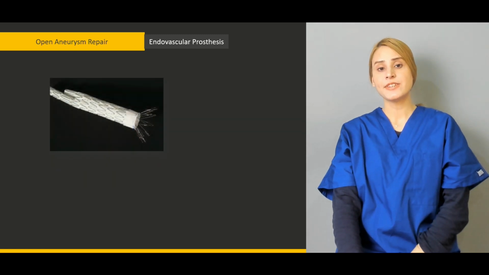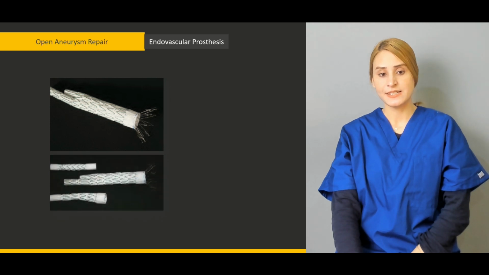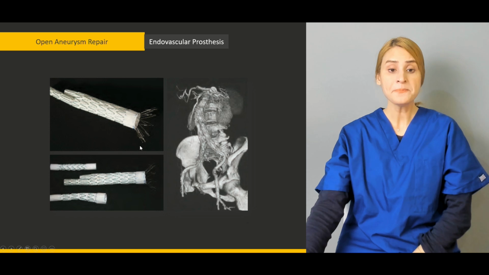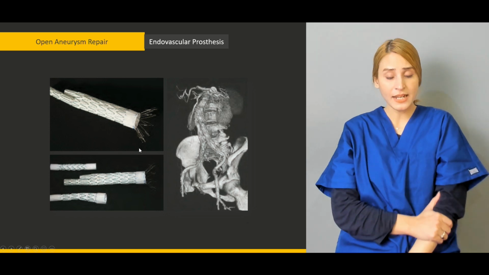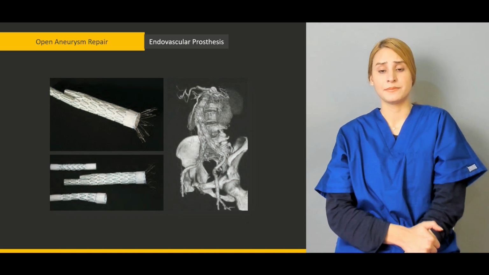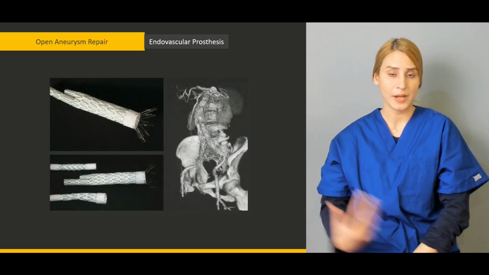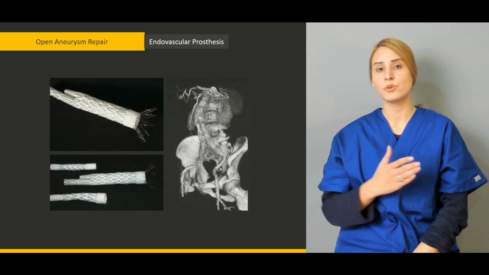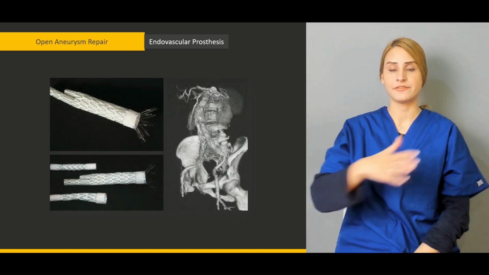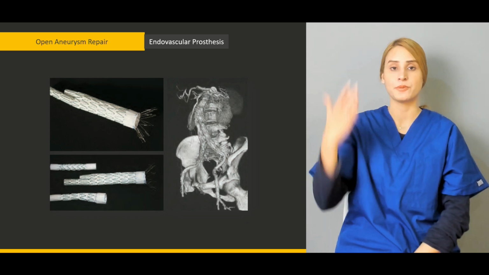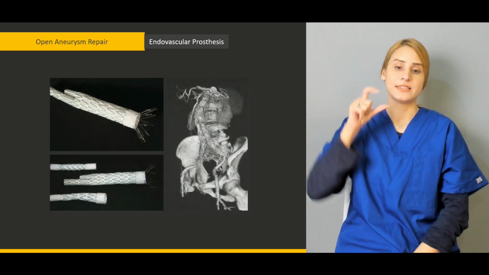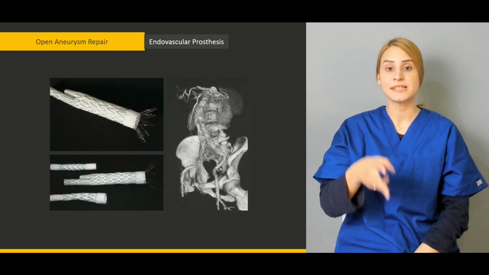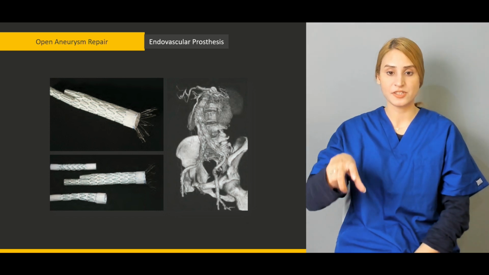So in case of the endovascular prosthesis, you can appreciate here, these are the endovascular prostheses available. How do you approach? Through the femoral vessels, and through the femoral you go upward, the common iliac, and then you go from distal to proximal, and the part of the aneurysm is reached, and then you put these endovascular prostheses in between.